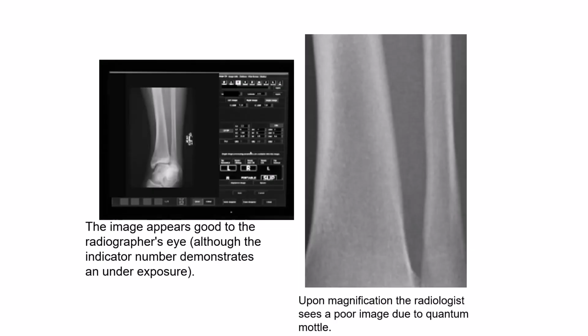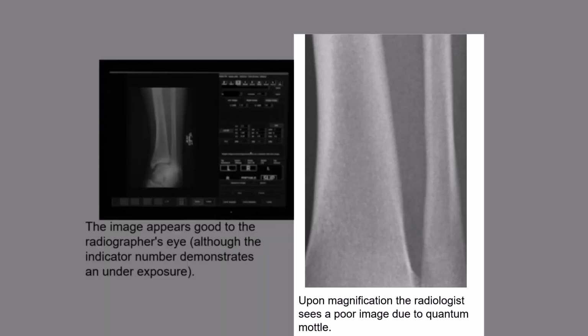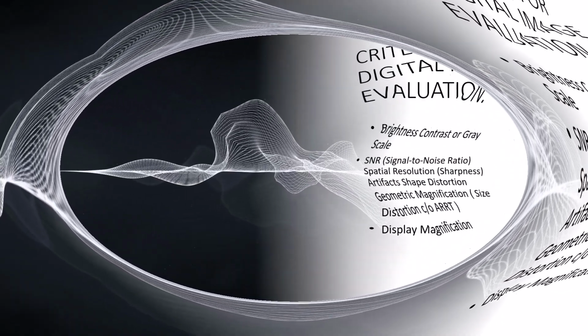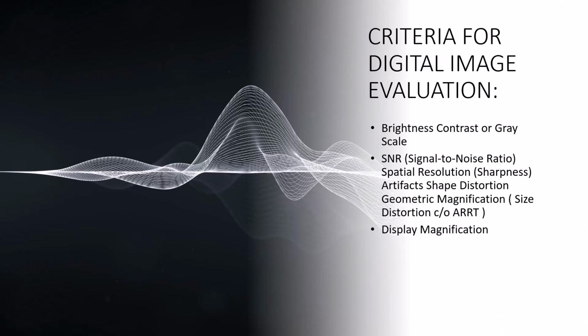Here's another example. It looks pretty good on our monitor, but we still didn't look at the EI exposure index number or the S number. And when the radiologist gets it, he wants to magnify it. And guess what? It was underexposed. It has quantum mottle. So we begin to see there is a lot to analyze when you're looking at your image.